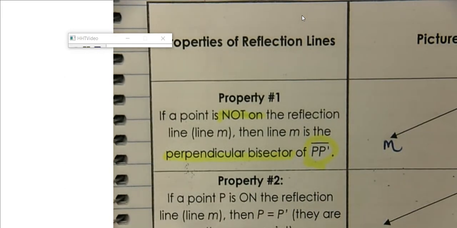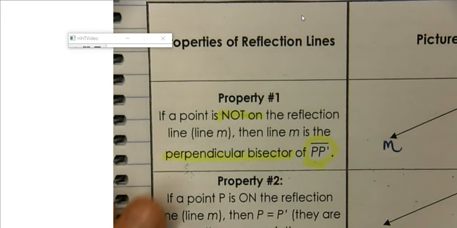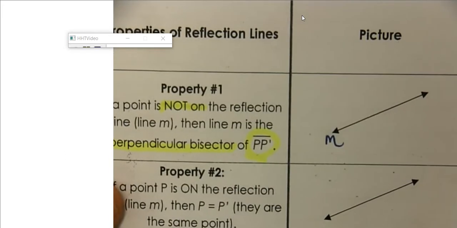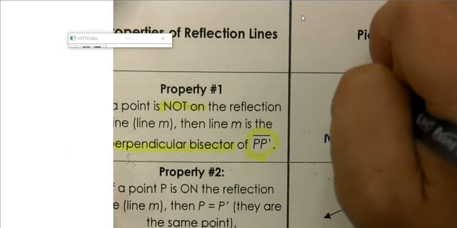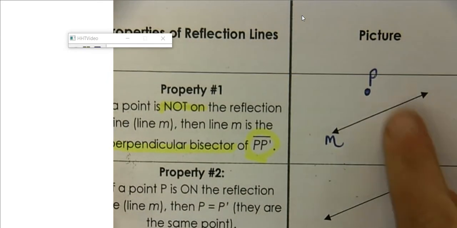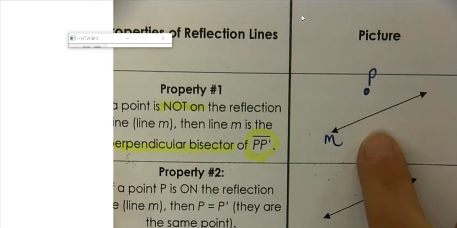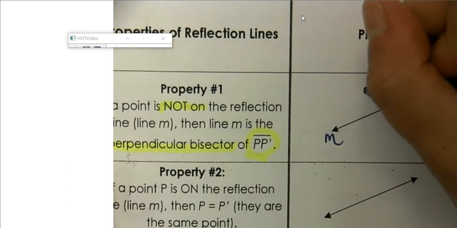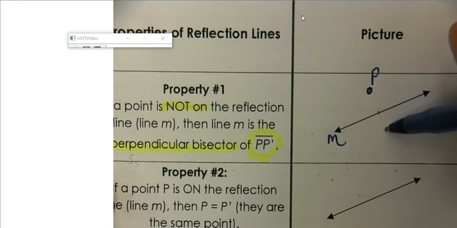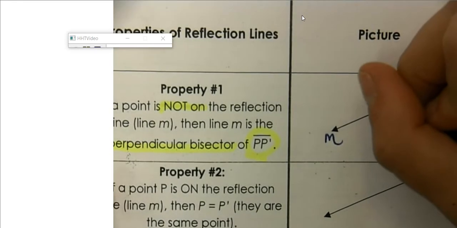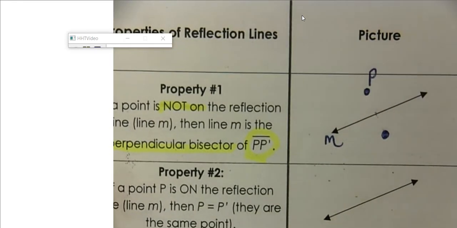Let's go ahead and draw this property. If a point is not on the reflection line, let's call this point right here letter P. Letter P is not on our reflection line. The reflection of point P across this line is going to be a point that is equidistant on the other side of our reflection line.